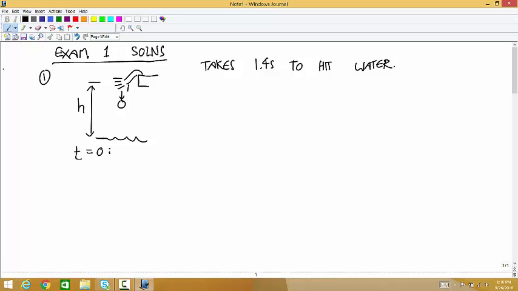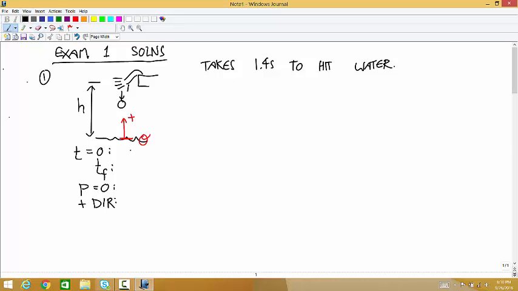First thing we're going to do is make these four choices: time equals 0, time final, position equals 0, and positive direction. I'm going to call my 0 the level of the water, and my positive up.